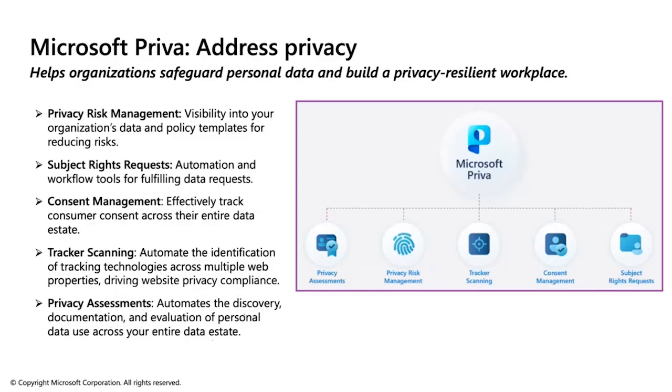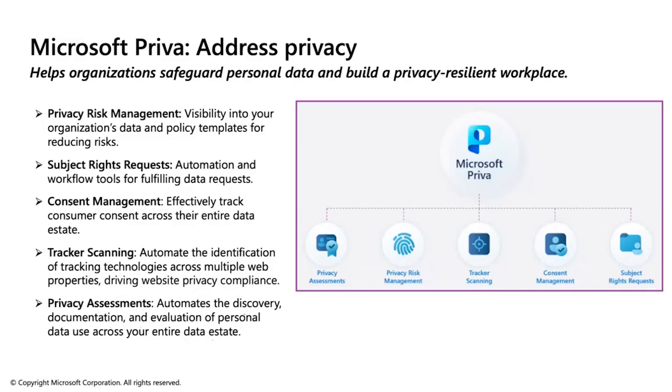For that, Microsoft recommends using Priva, and here we have subject rights request. So we can automate these kinds of data request activities. For example, in any company, if there's a user, maybe Sam, and Sam is requesting, okay, please tell me what is the current state of my personal data in your organization.